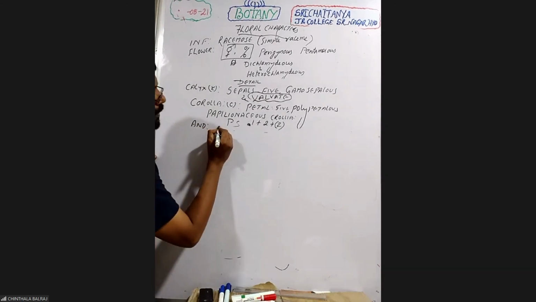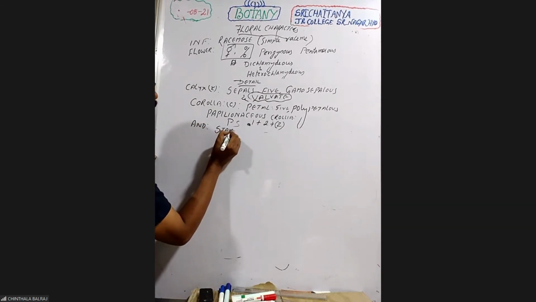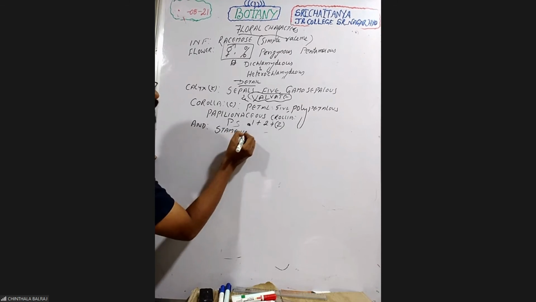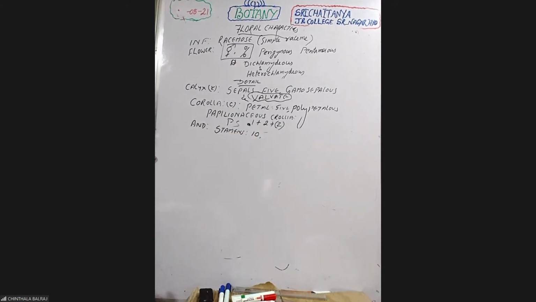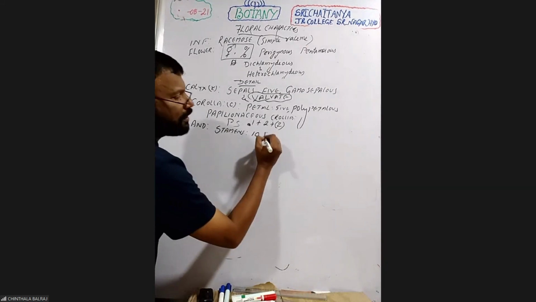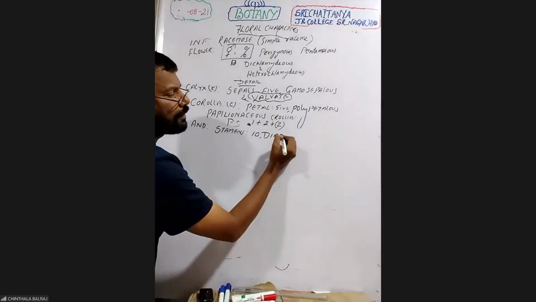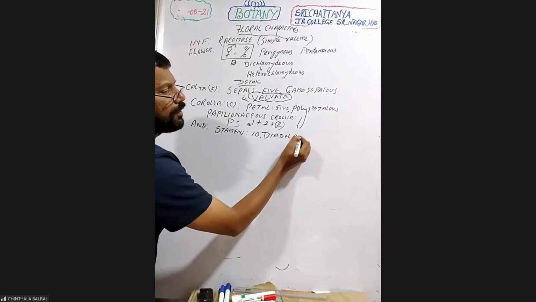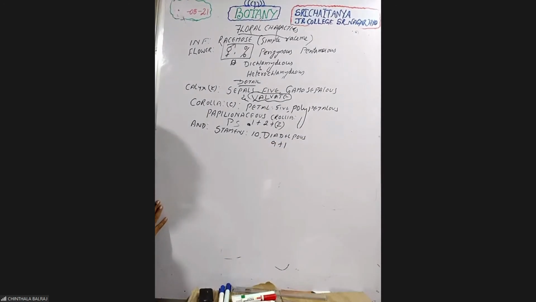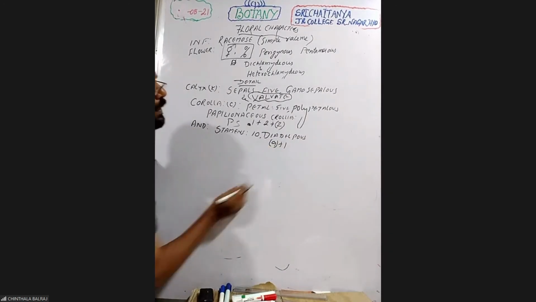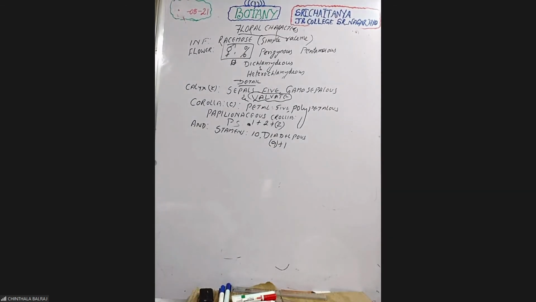Androecium: stamens. How many? Ten. Are they free or fused? Nine are fused, one free. This condition is known as diadelphous. Nine should be in bracket. Very good. Which stamen is free?